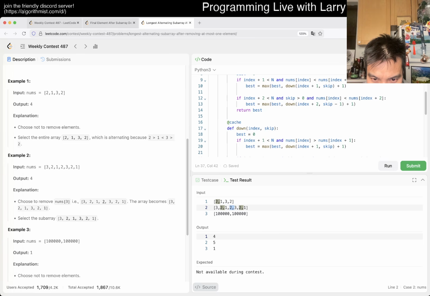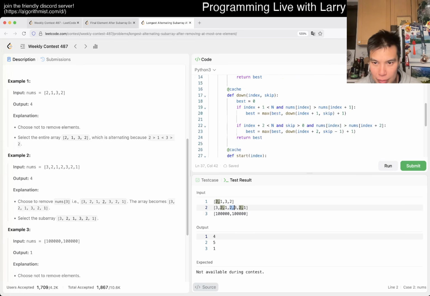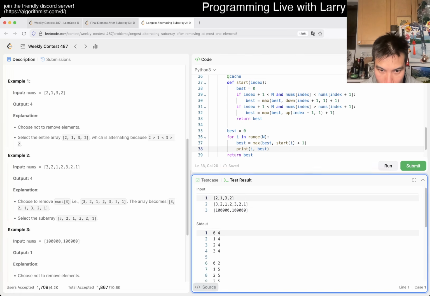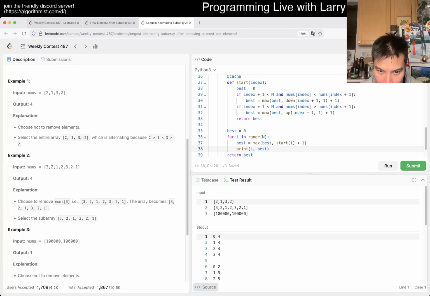Then it's 2, 1, 3, 2. How did I get 5? It thinks it starts at 1, so 2, 1, 3, 2 is probably right.